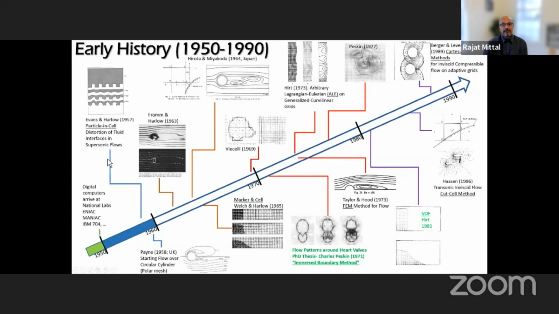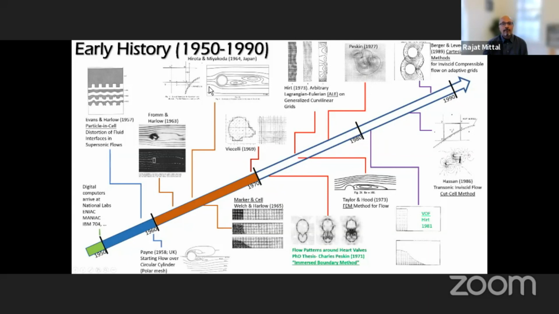In fact, 1957 is when the particle in cell method came out. The particle in cell method is a Cartesian grid-based interfacial flow simulation method. It uses Cartesian meshes, but is able to simulate flows with complex interfaces. So in some sense, it's a precursor to the immersed boundary methods. But then what we consider to be the immersed boundary method really emerged in the 1960s and 70s.